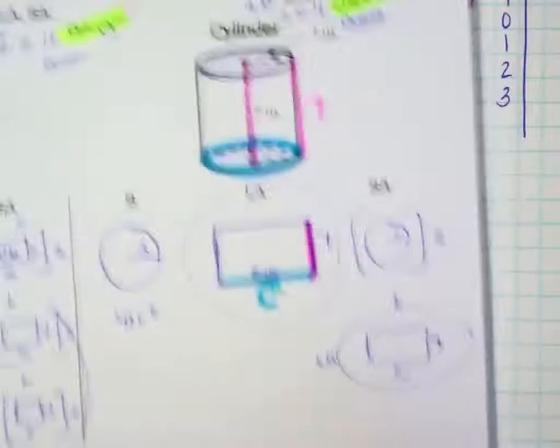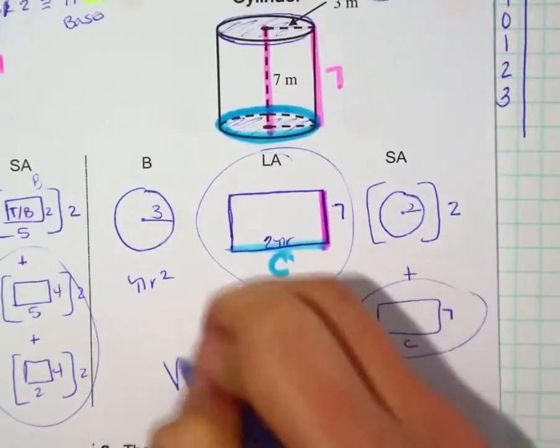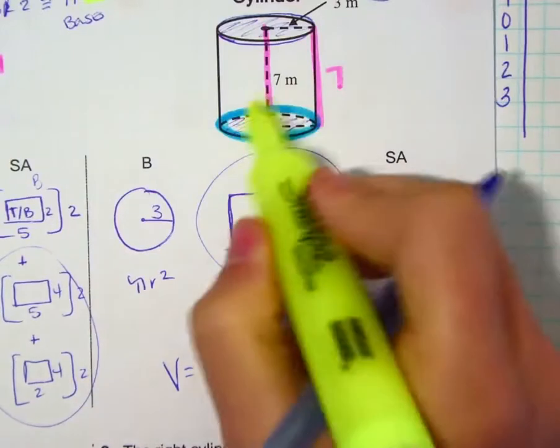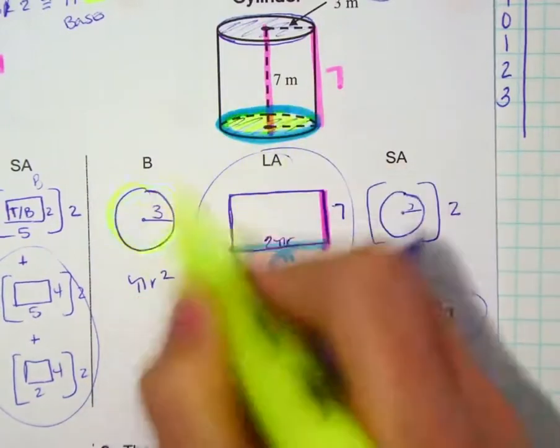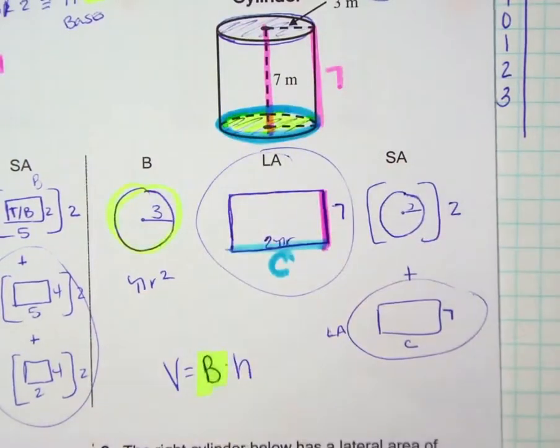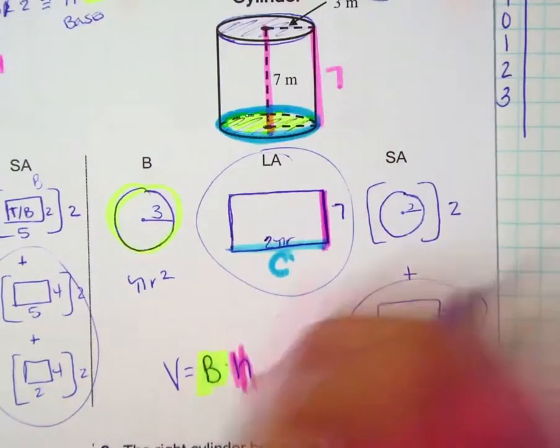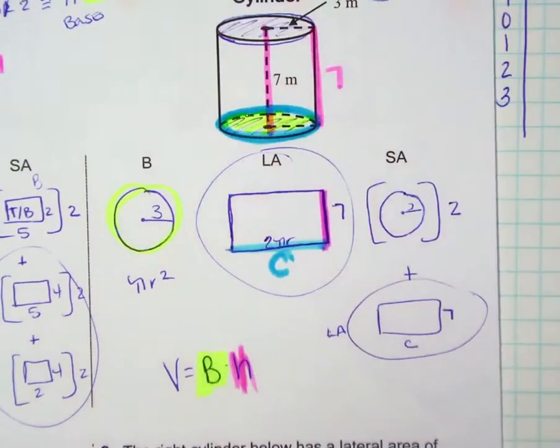The volume of a cylinder is found the same exact way. It's base area times height. The base in this case is a circle, so it would be pi r squared times the height, which is still 7. So it's found the same way, base area times height.